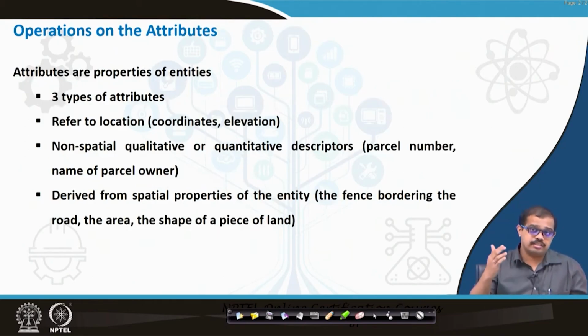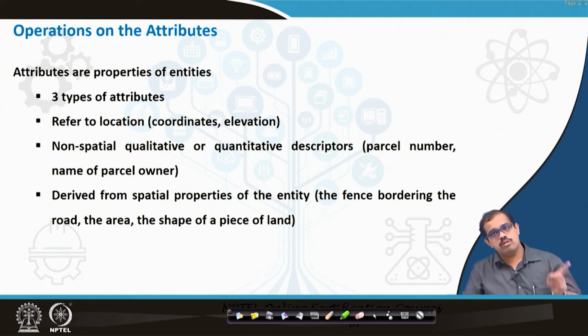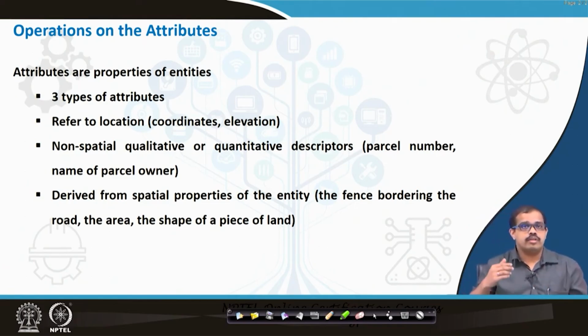Now, we have looked at how the data can be easily analyzed, but the next set is that you can also look at spatial analysis on attributes. Okay. When you are looking at attributes, there are 3 types of attributes. One refers to location. You are looking at only location information, either coordinates or elevation of that particular data.